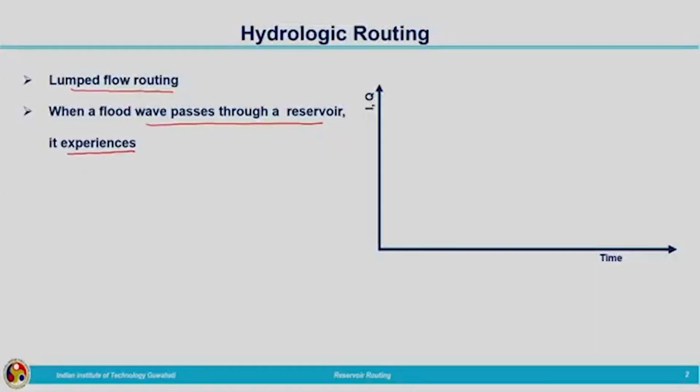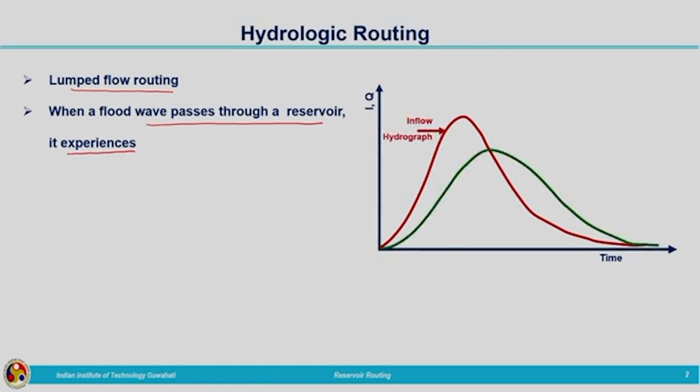With the help of a figure, we can understand this. This is the inflow hydrograph and the corresponding outflow hydrograph is represented by the green curve. As the flood wave travels from upstream to downstream, it experiences an elongation in its flood peak time, represented by lag.